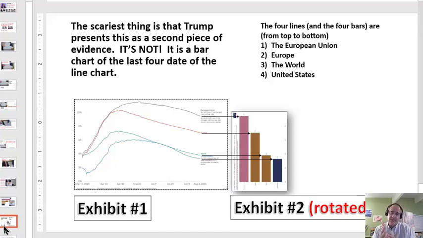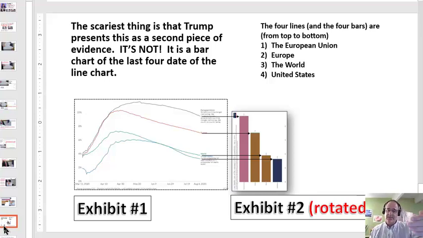The bar chart is simply the snapshot at the end, in terms of the relative number of deaths per case. And I can prove that to you when we do this live in the third video, where I'll show you how you can click on the website and have it switch back and forth between these views. But what I've done is I've taken Exhibit 2 and I've just rotated it. I didn't stretch it, I didn't distort it, and I just laid it right next to number 1.